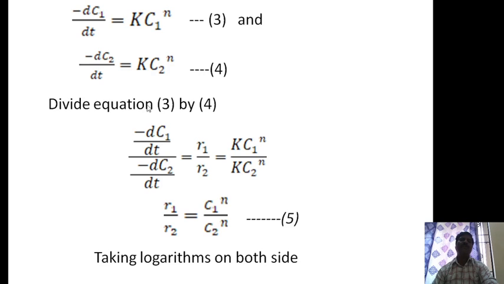We can simply write minus dC1 divided by dt as rate 1, that is R1, and minus dC2 divided by dt as R2.